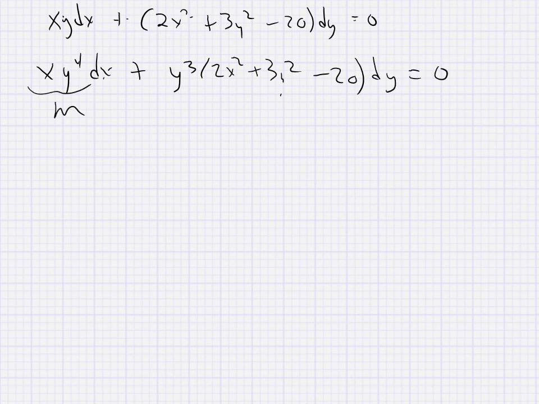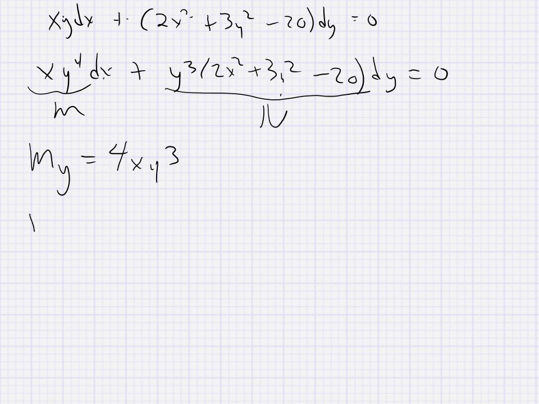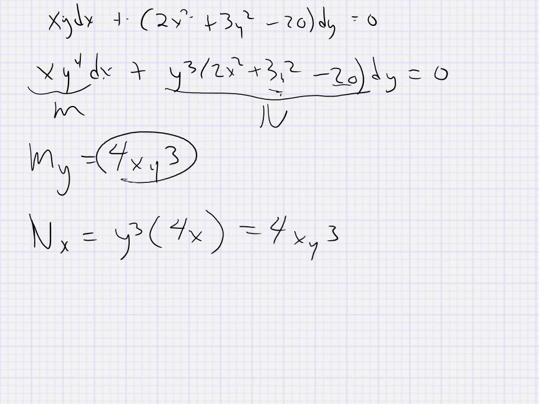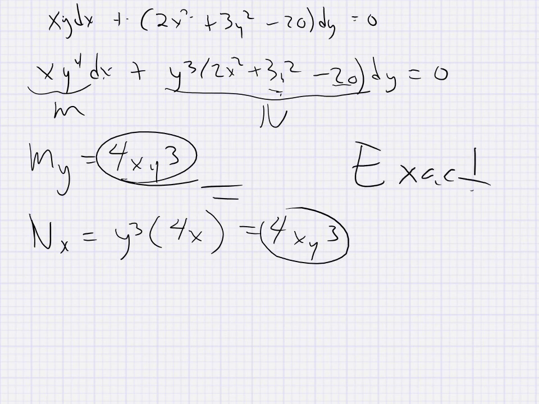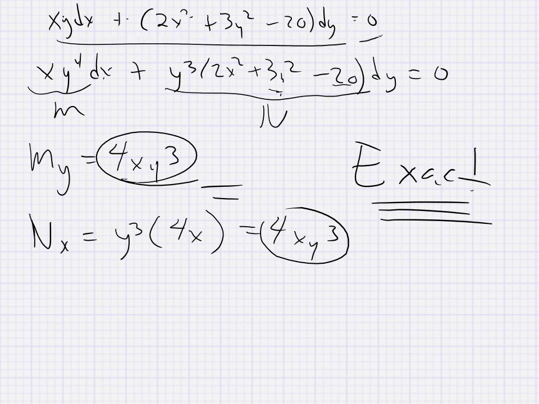And now here's my M and here's my N. So now I look at My, and I'm going to get 4xy cubed. And I look at Nx. Well, the y cubed is a constant multiple, so then I'm going to get 4x plus 0 plus 0 with respect to x, which is ultimately 4xy cubed. These are equal. So now this is exact by using that formula we came up with and our y cubed being our integrating factor, which we would then go ahead and solve using our methods from before.